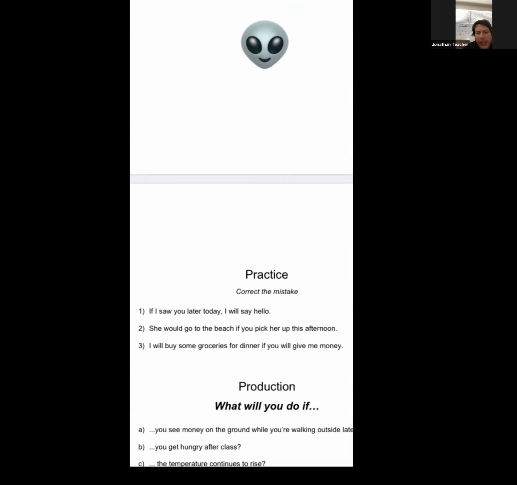Can you see the mistake in sentence number 3? Do you see sentence number 3? I think it's for conditional. I think we begin with if: if you will give me money, I will buy some grocery for dinner.